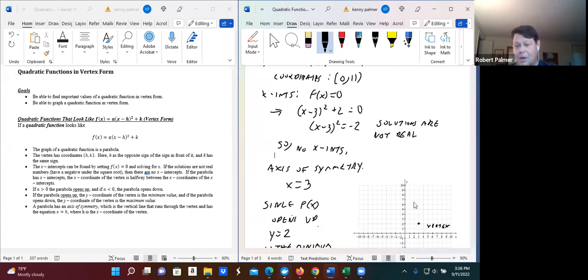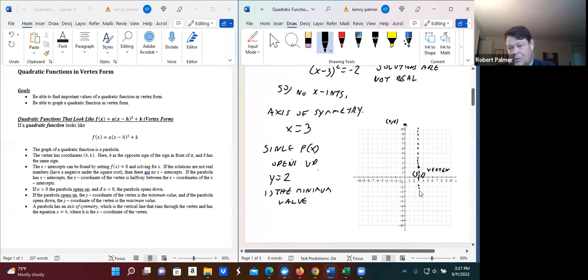We do have a y-intercept, which is a bit off our scale, but that's okay. We'll put it about right here. Okay, so that's going to be 0, 11. Remember, this is 3, 2. We also have what's called the axis of symmetry. This vertical line, x equals 3.